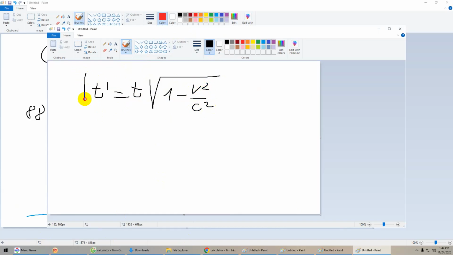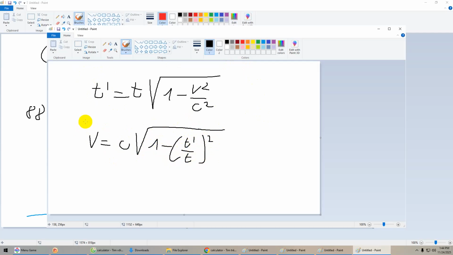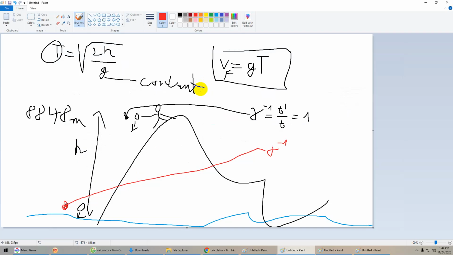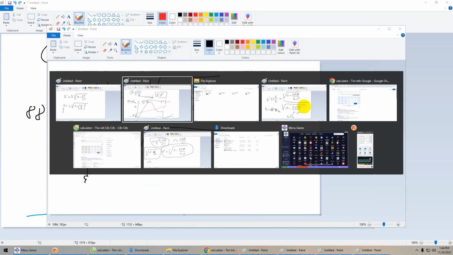This is special relativity. However, let's rewrite it for velocity V, which is equal to C multiplied by the square root of 1 minus T prime divided by T all squared. Yes, this formula can compute the final velocity just like I did earlier with the Newtonian formula.